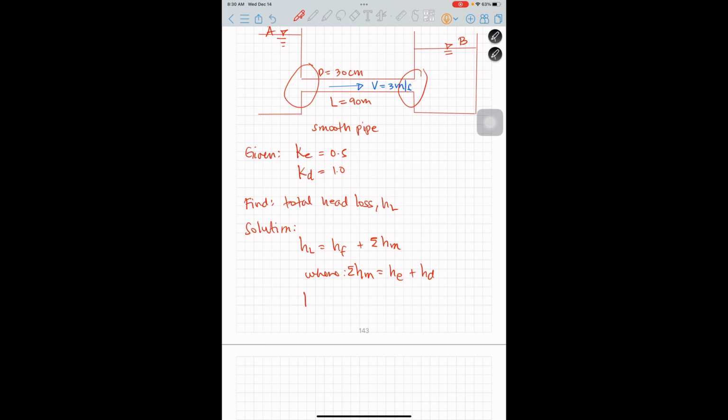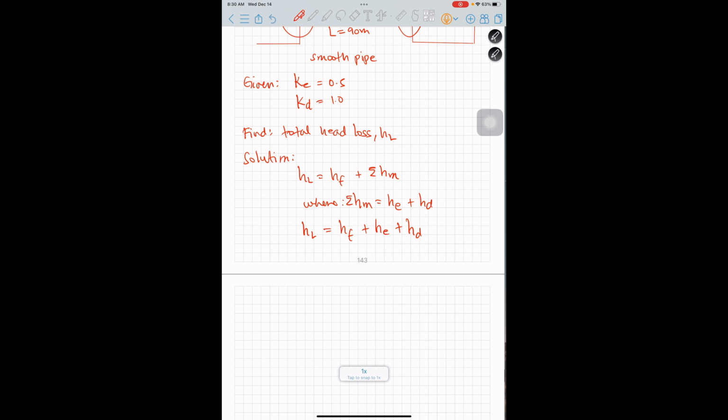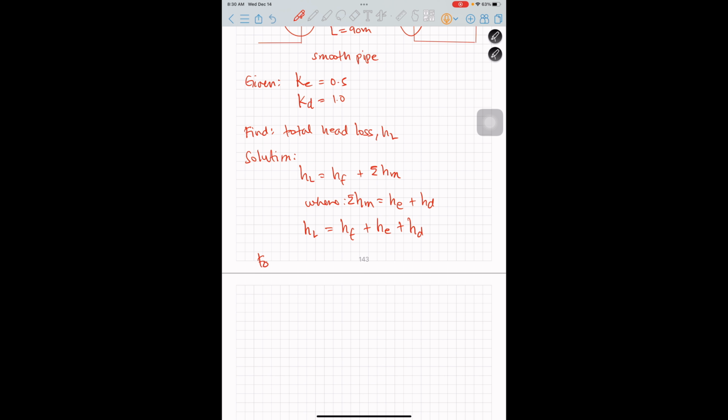So your total head loss is equal to the friction loss plus the head loss at the entrance plus the head loss at the discharge.